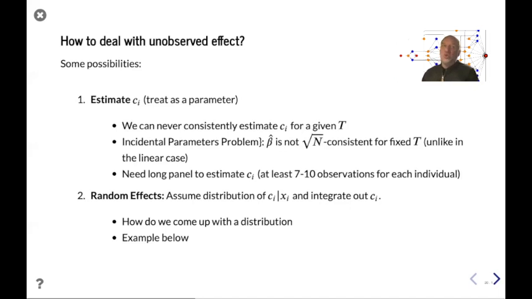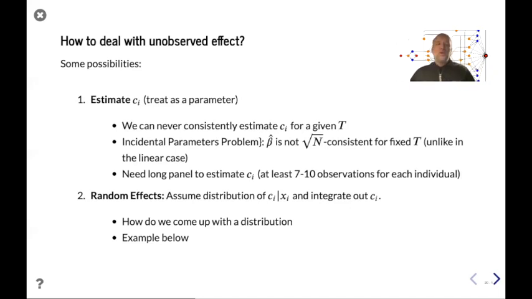Actually, the fact that you're not able to estimate the unobserved effects, or the parameters ci, consistently, not only has an effect on our inability to estimate those, but also beta. So you cannot estimate beta unless you have very good, precise estimates of all the unobserved effects.